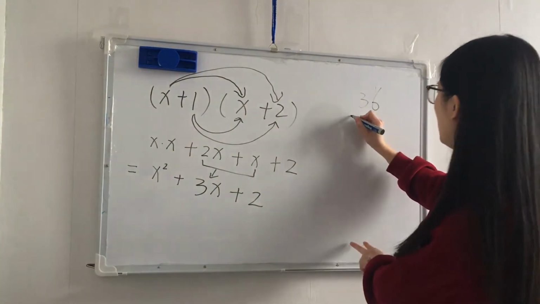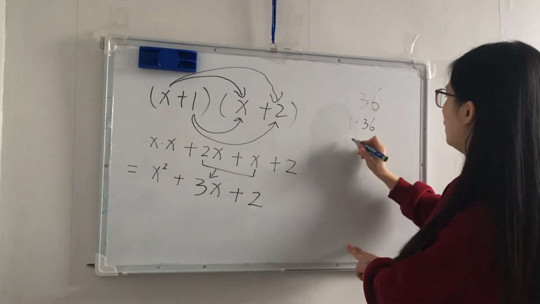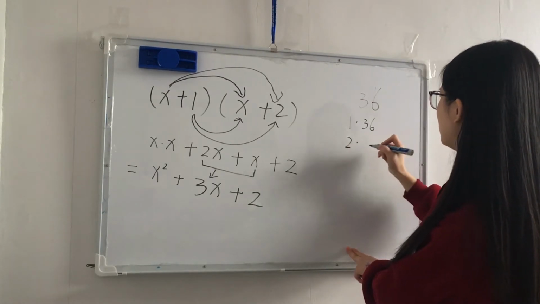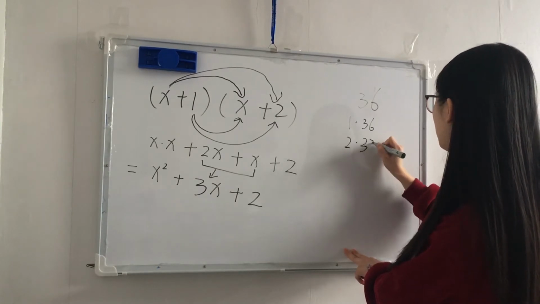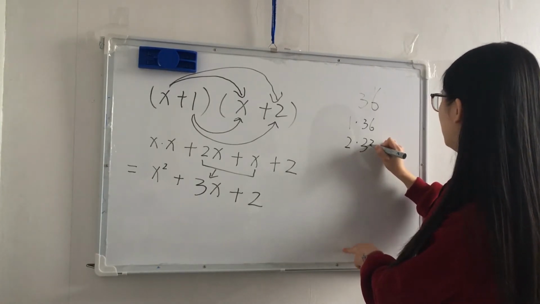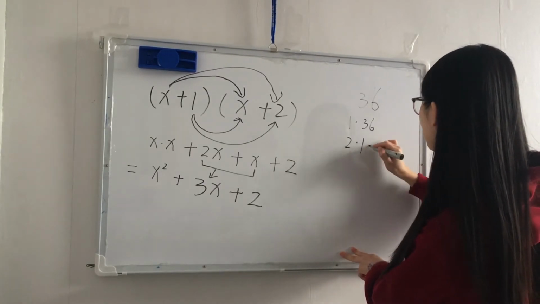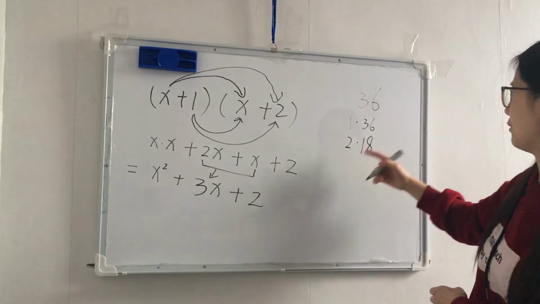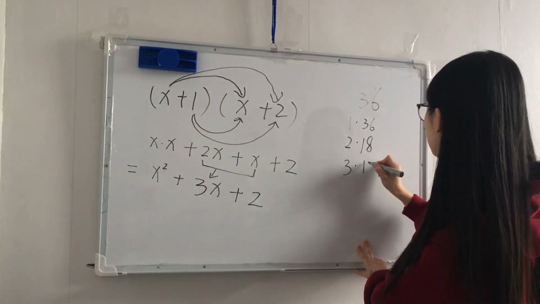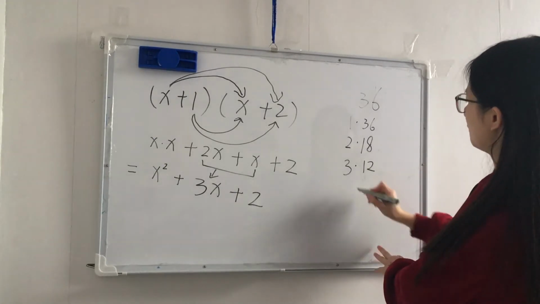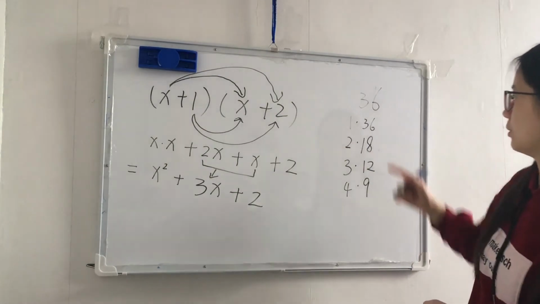They have 1 times 36 gives us 36, or 2 times 18, yeah, this is 36. What else? There's 3 times 12, or 4 times 9. Those are the factors.